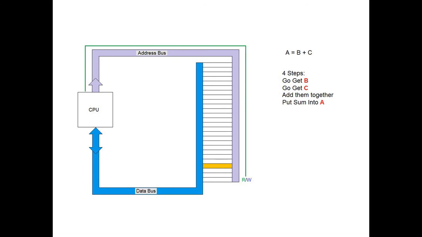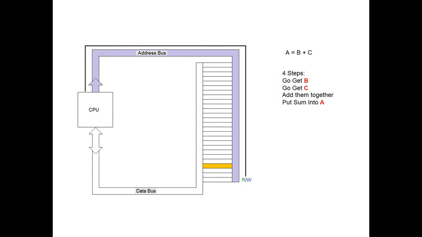Again, it activates the read-write line to the read direction, and the memory location dumps its data out onto the data bus. Now remember, the memory location doesn't lose the value that's stored in it when it dumps it out onto the data bus. It's just that the whole data bus starts to match what's in that memory location.